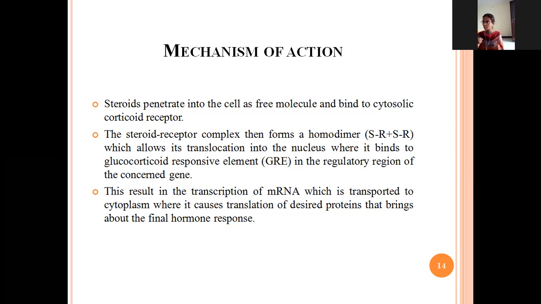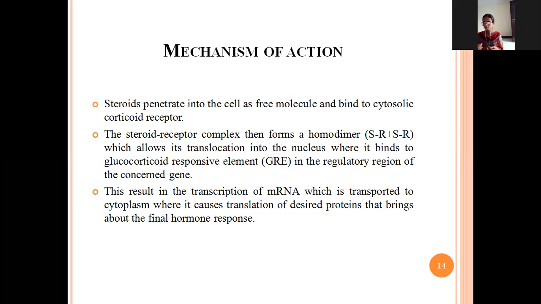This results in the transcription of the mRNA, which is transported to the cytoplasm, where it causes translation of the desired proteins that bring about the final hormone response. So this is the mechanism of action.